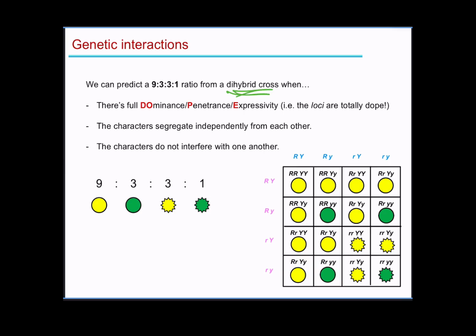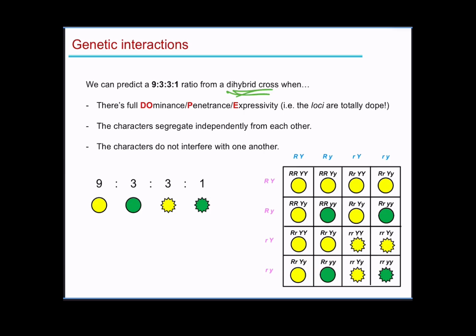The example that we've been talking about so far, these 2 characters that Mendel worked with, pea skin and pea color, did not affect one another, right? So the presence of wrinkled skin didn't have any effect on whether a pea should be yellow or green. There were wrinkled green peas, and there were also wrinkled yellow peas. The fact that you saw more of the wrinkled yellow than wrinkled green is an indication that yellow dominates over green.